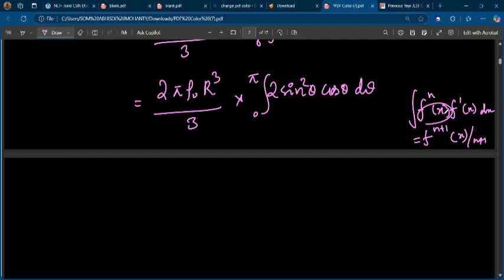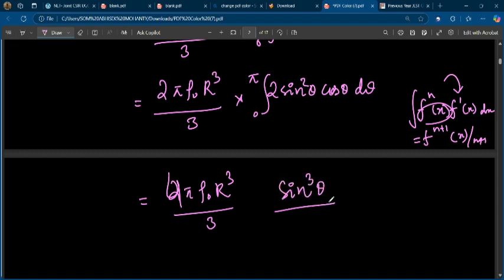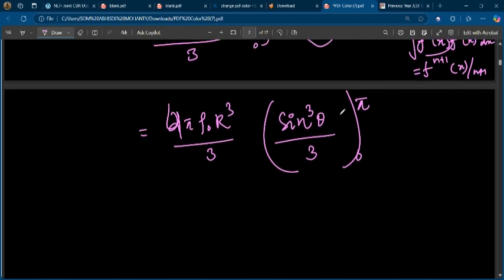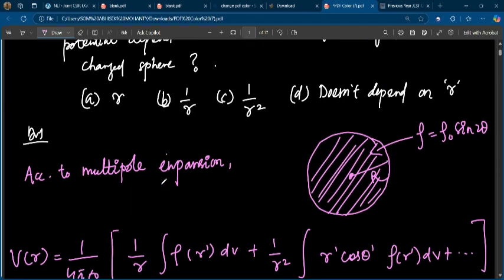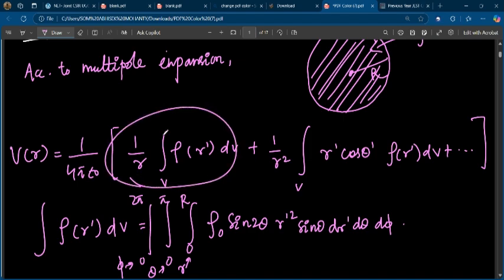If the derivative of the function is there, the integration will be this. So 2 goes out, and it becomes 4 sine cube theta divided by 3, 0 to pi. The derivative of sine theta is cos theta, and it has a power, so sine cube theta by 3. Sine pi is 0, sine 0 is 0, so this whole term becomes 0.